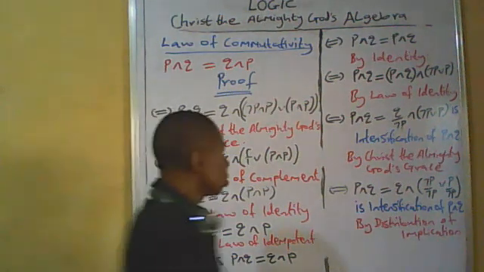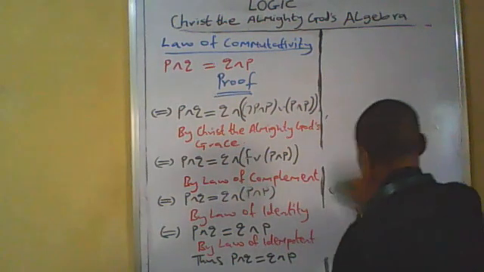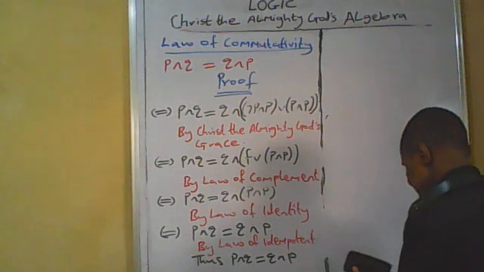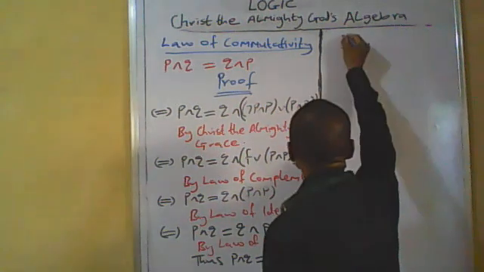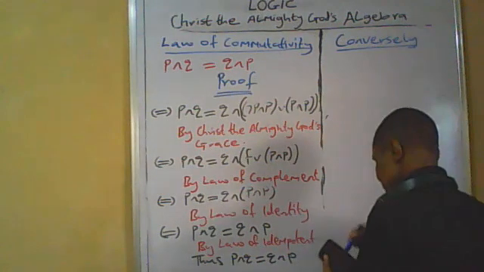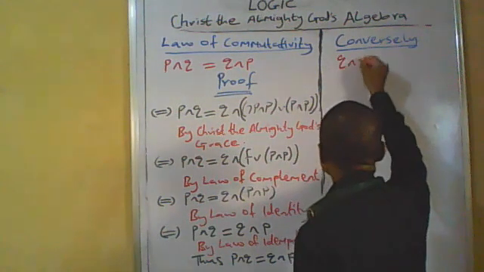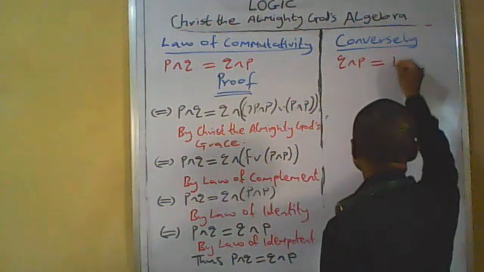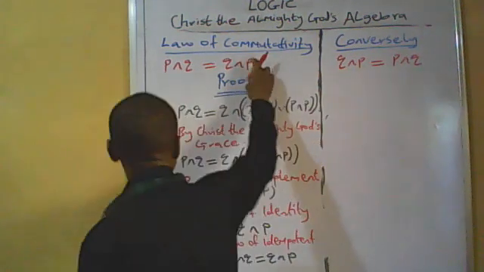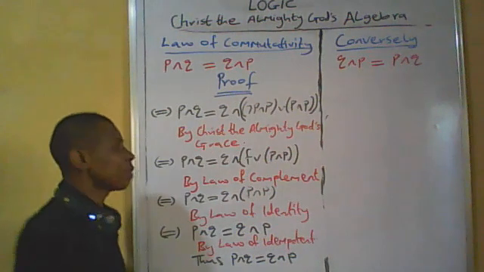So let's prove the converse. Conversely, we say that Q and P is equal to P and Q. You will see that this Q and P, that is the right equivalent, has now become the first equivalent here.